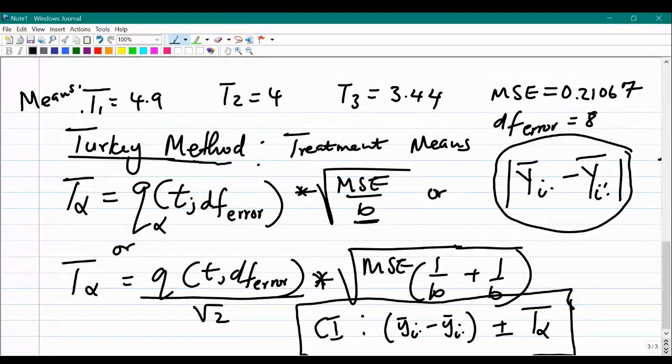Are we cool? Now let's do an example. We have the information, we know the formula. So the table that we are going to use is the studentized table, not the T table. So with the Tukey method, you don't say T minus 1, you say T. The degrees of freedom of error is 8. So let's solve the problem.